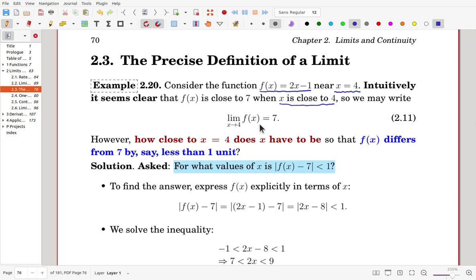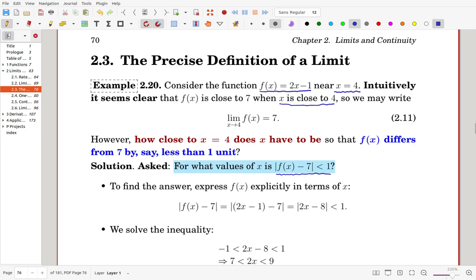Now, we have a question here. How close to 4 does x have to be so that f of x differs from 7 by, for example, less than 1 unit? And here the question is, what values of x satisfy this inequality?